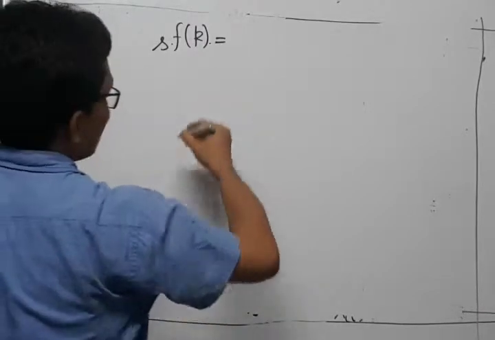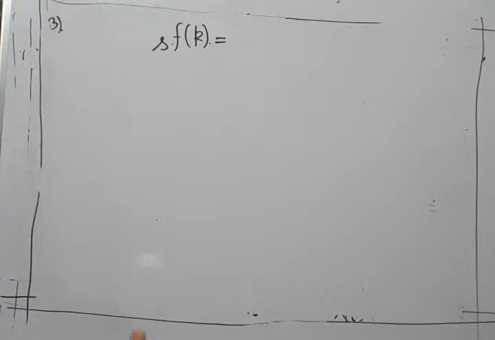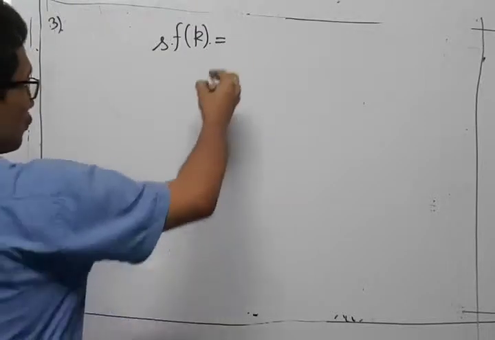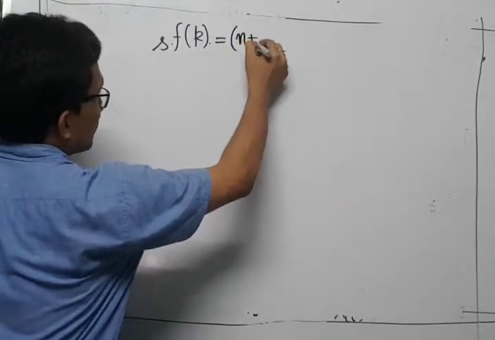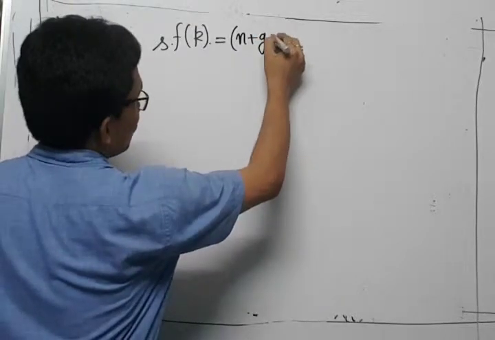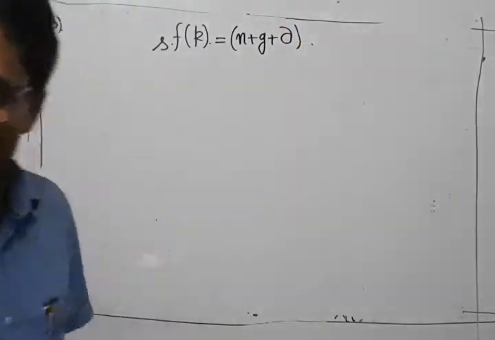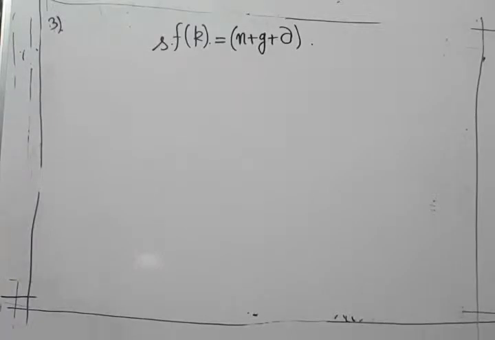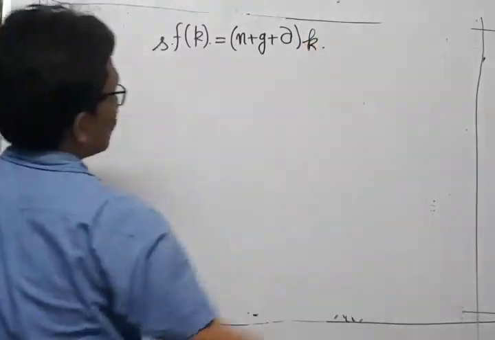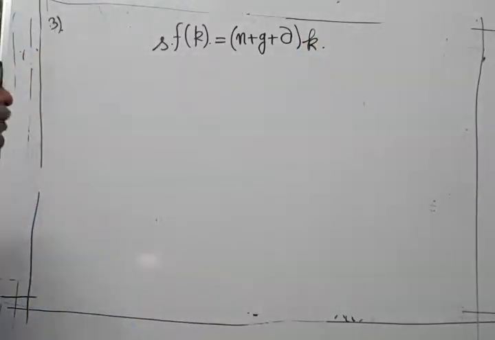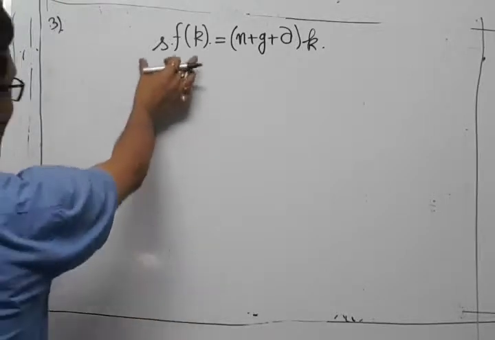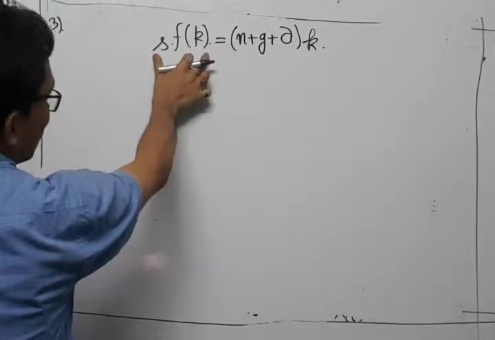Break-even investment is the investment that we need to make so as to keep the level of capital per unit of effective labor from falling. The break-even investment is given by (n plus g plus delta) times k. Here k is the level of capital per unit of effective labor in the economy, and s f(k) is the savings in the economy for investment for forming capital.